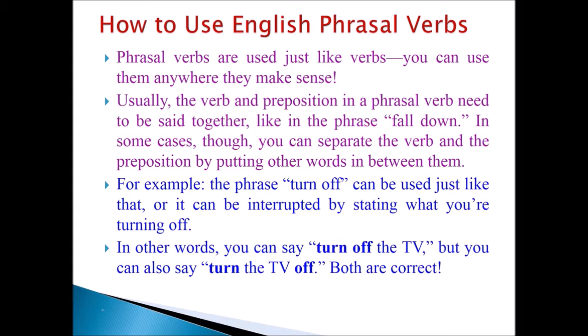For example, the phrase turn off can be used just like that, or it can be interrupted by stating what you are turning off. In other words, you can say turn off the TV, but you can also say turn the TV off. Both are correct.